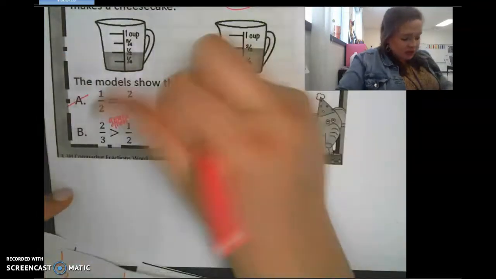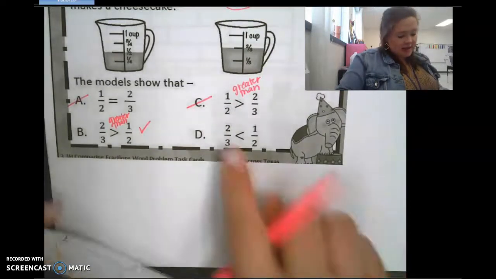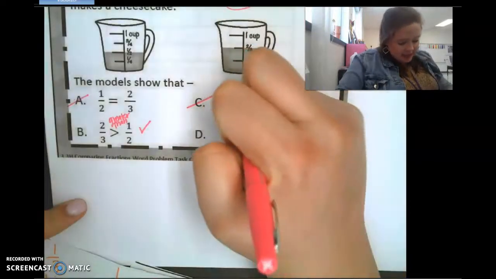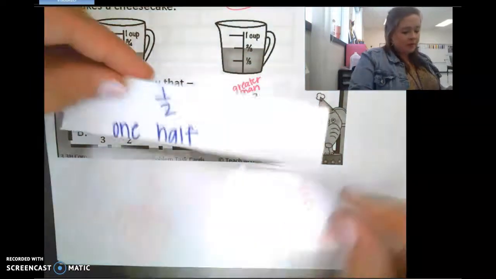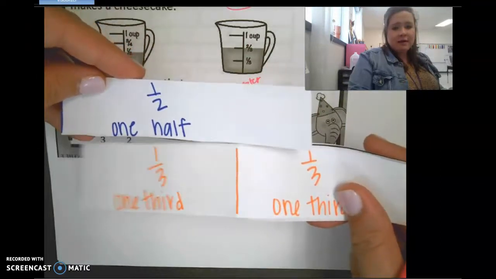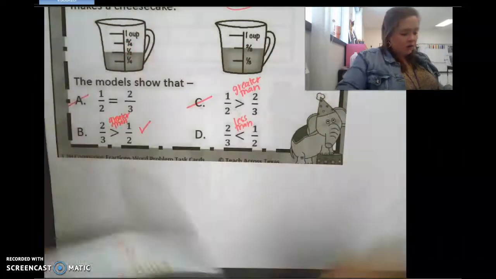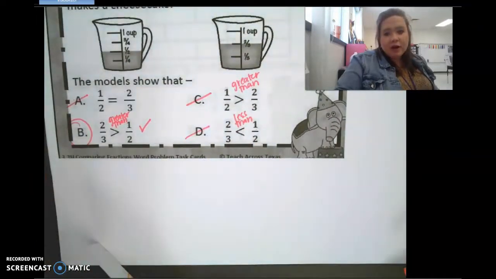Good. That is not a true statement. 2/3 is less than 1/2. 2/3 is less than 1/2. Is that a true statement? No, that is not. Okay? So the correct answer here would be letter B.